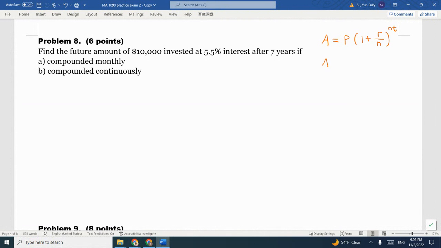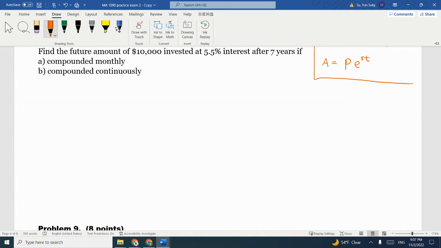And if we know it compounds continuously, then we use the formula P times e to the rt. These are the formulas, and you have to memorize them.